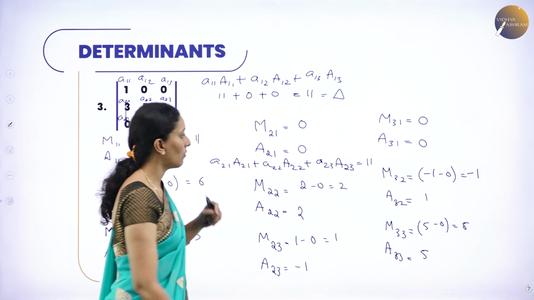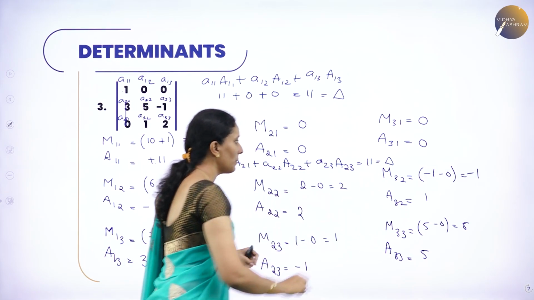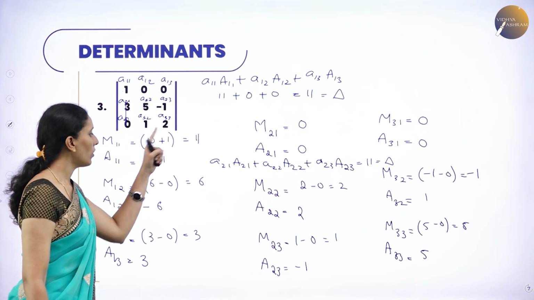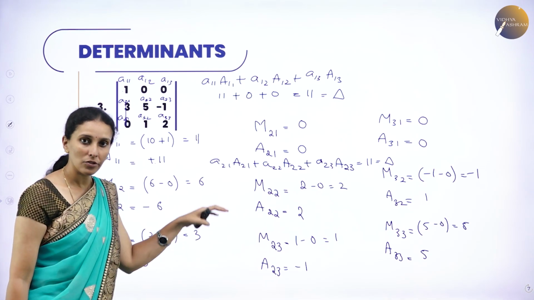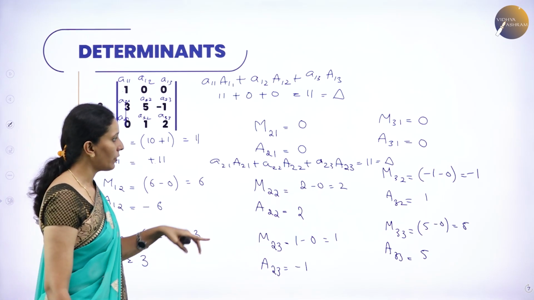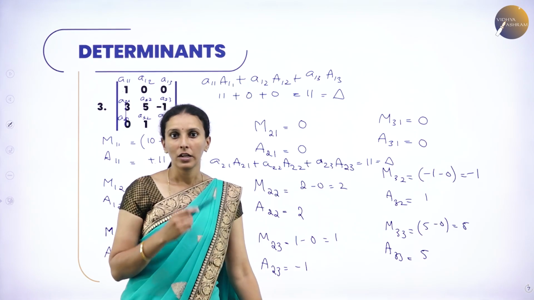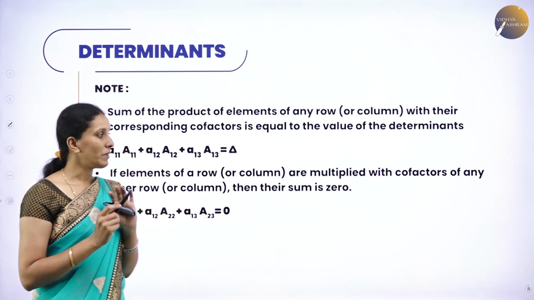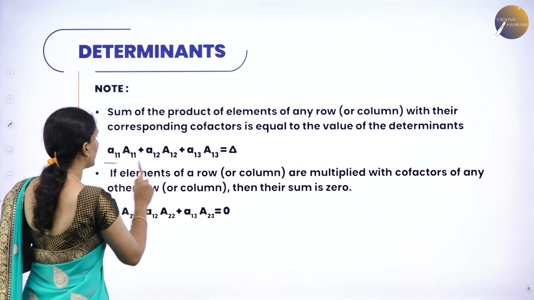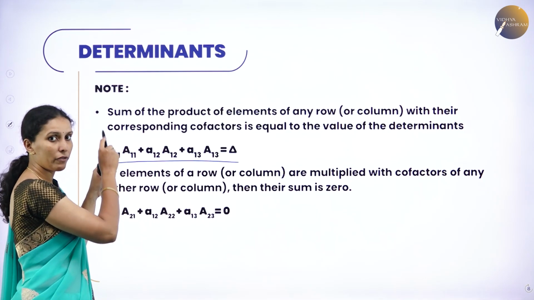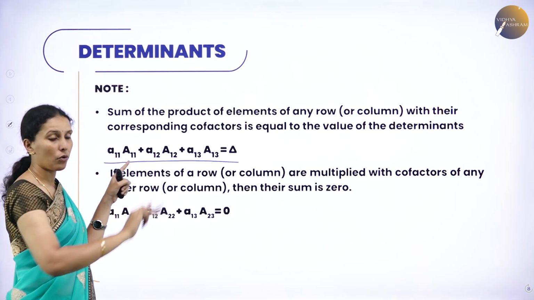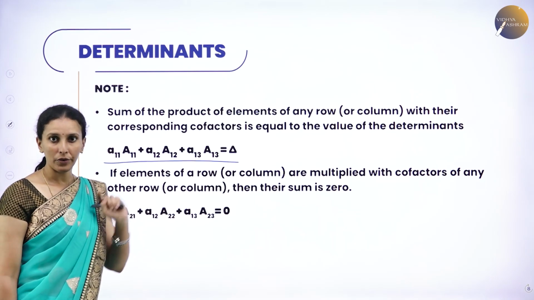That is equal to delta only. Similarly, when you multiply the third row elements with their cofactors and add it, the value is always equal to delta. So this is one rule or speciality, that is when you multiply the elements of a particular row with the cofactors of the same row, the value is always equal to delta.